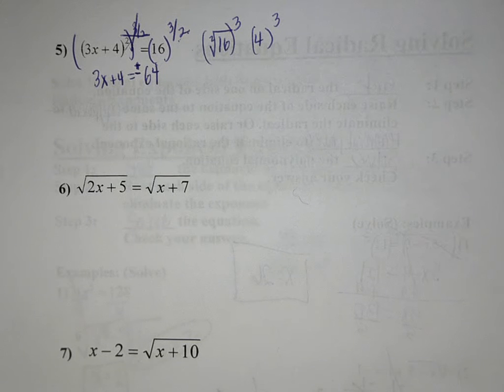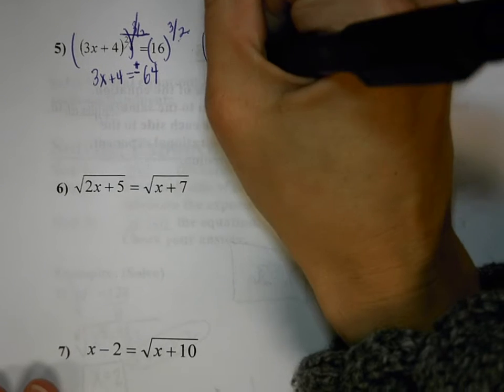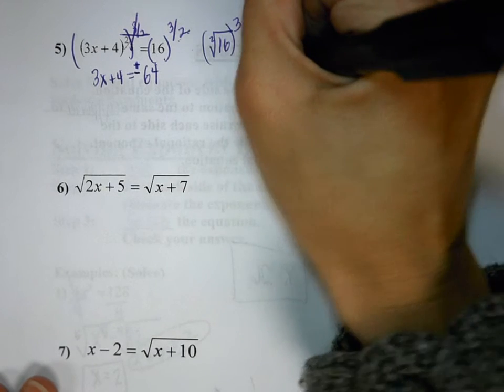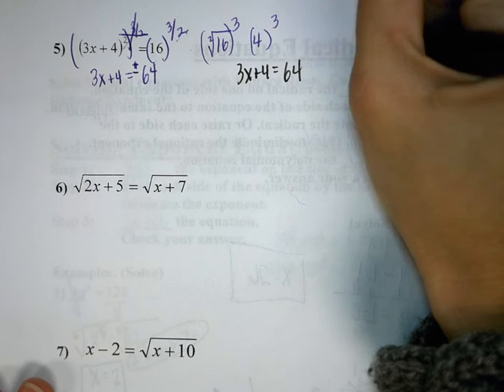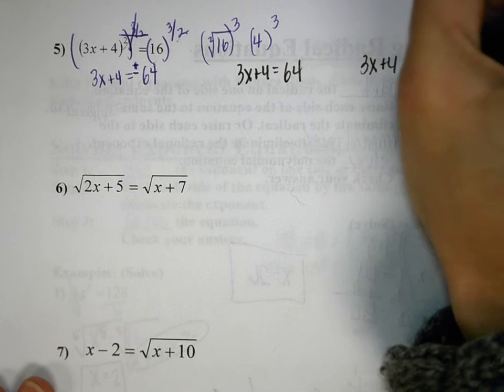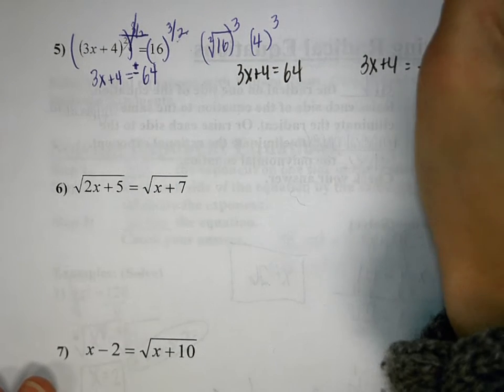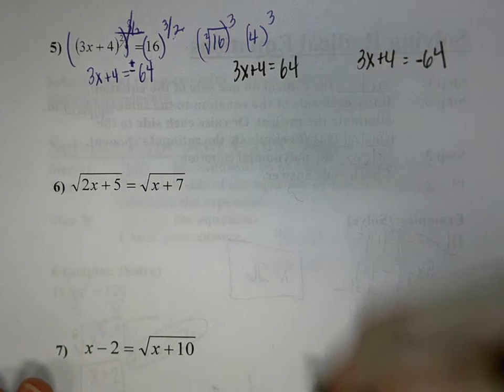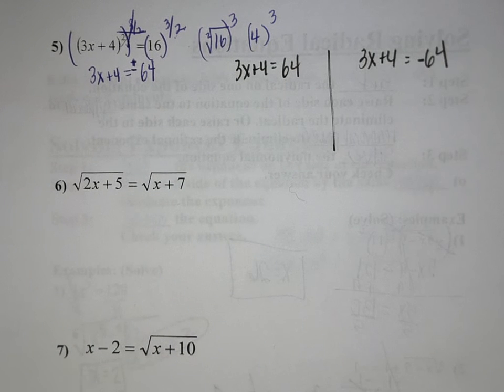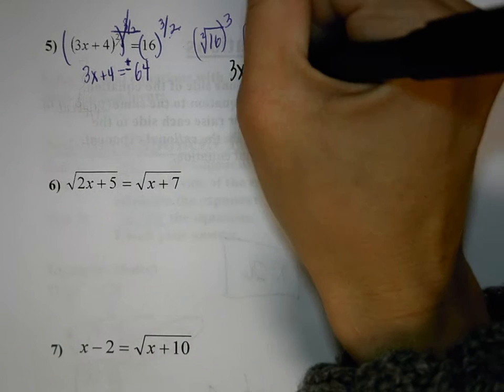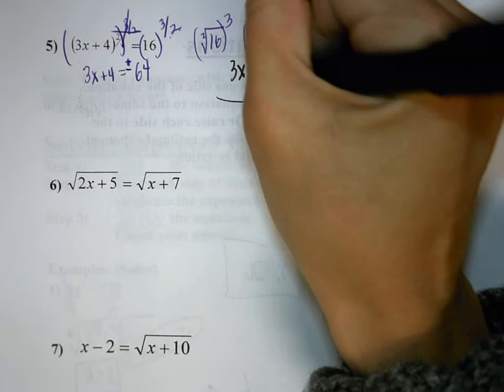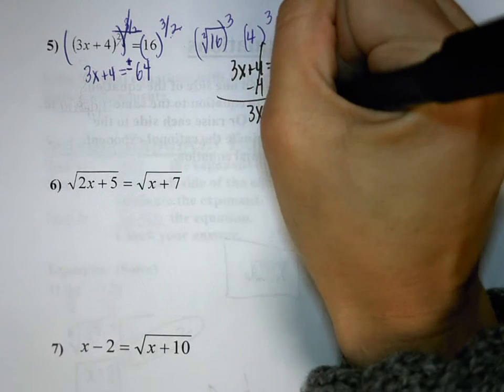Okay? So we're going to write 2 equations now. We have 3x plus 4 equals 64, and 3x plus 4 equals negative 64. And then you are going to solve them. So I subtract 4. 3x equals 60.